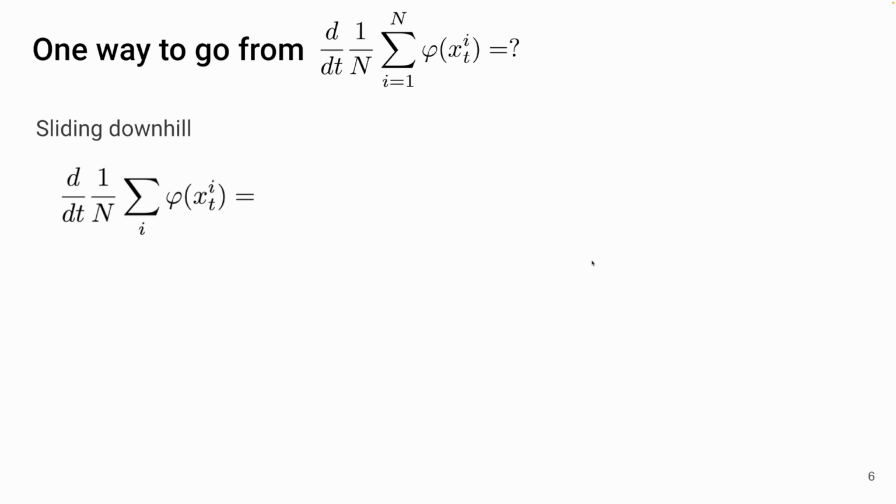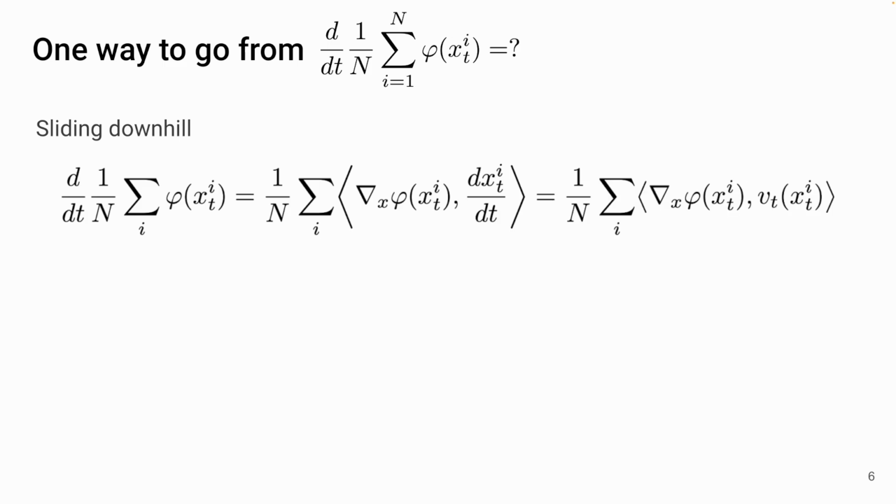So let's just take the time derivative of the function phi, and just by the chain rule, we'll get the inner product of the gradient of phi and the time change dx_t^i/dt of every single petal, right? Then, of course, we use our knowledge about the vector field, because every single petal follows the vector field, so the time derivative of our coordinates equals the vector field.